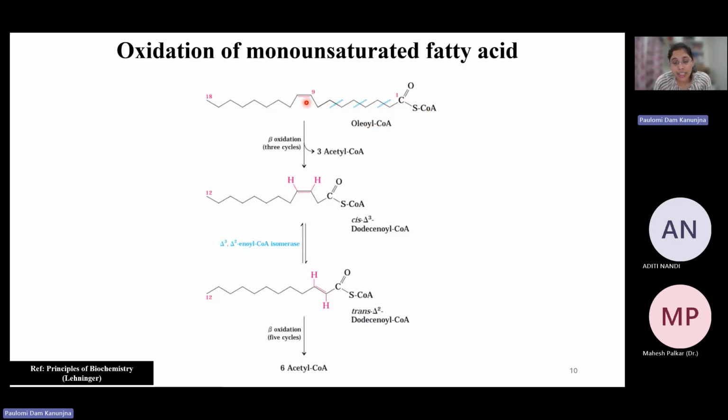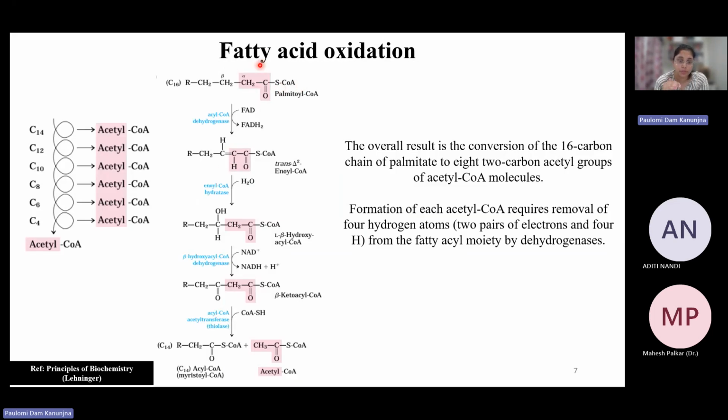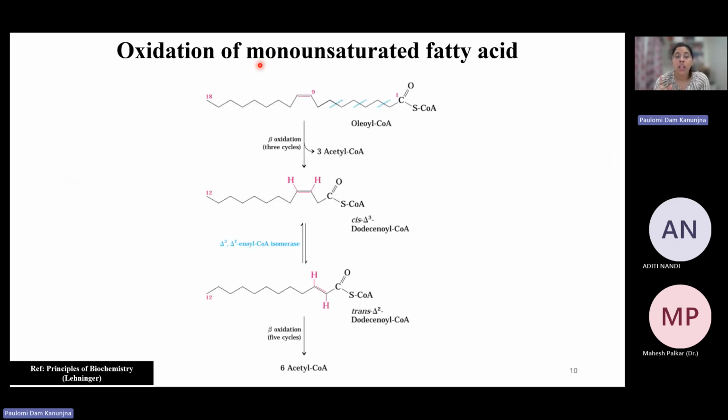In the fourth cycle, you have this double bond which needs to be broken. Initially, there was no double bond between the carbons, so there was no need for an enzyme that can deal with it, but here you need this removal. So till it reaches the double bond, there will be beta oxidation in the normal way because they're all single bonds, and you will have 3 acetyl coenzyme A, 1, 2, 3.